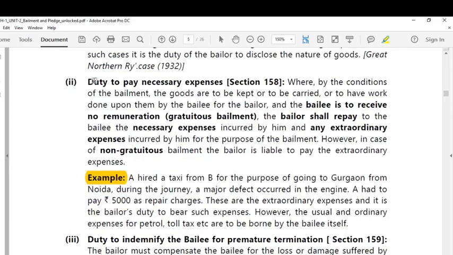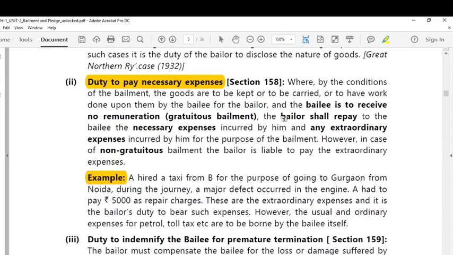And the second one is duty to pay necessary expenses. So bailor has a duty to pay necessary expenses to bailee under section 158, where by the conditions of the bailment, the goods are to be kept or to be carried or to have work done upon them by the bailee for the bailor, and the bailee is to receive no remuneration.